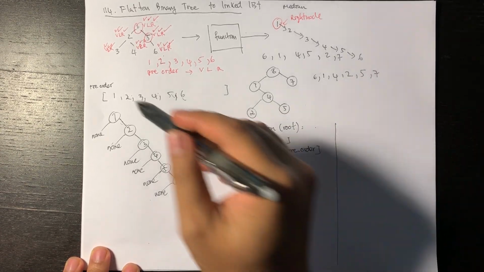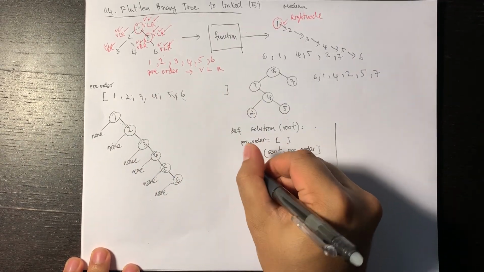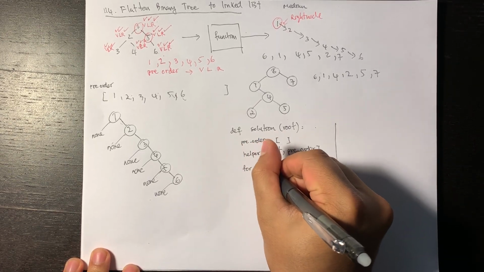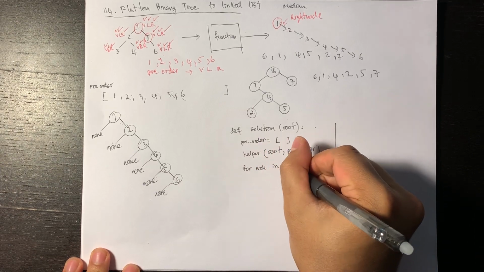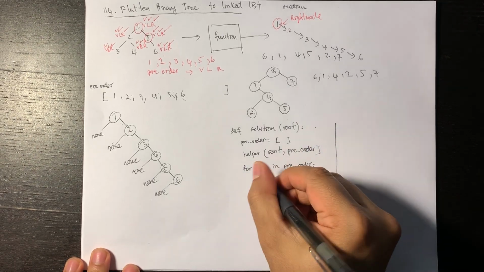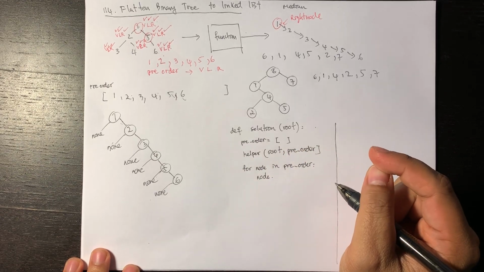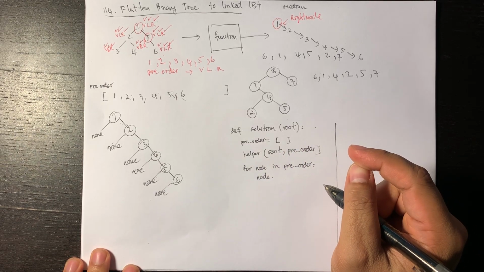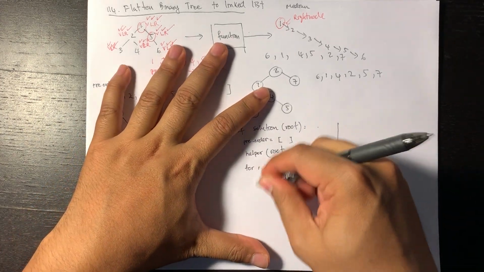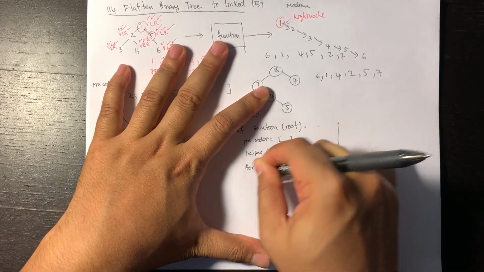So in the case that we already got this list, you want to go through the pre-order list. So for node in pre-order, we'll do node. Okay, I think it's better if we use the index instead of this.